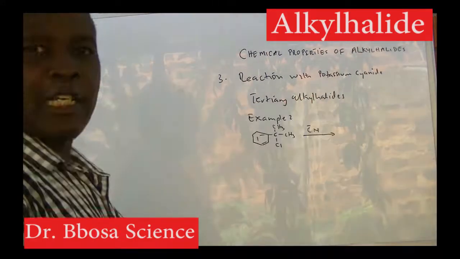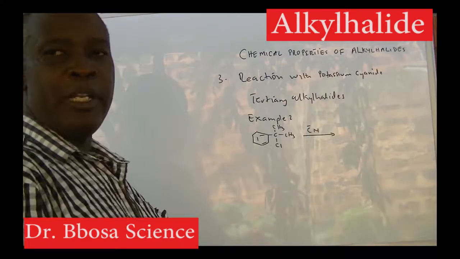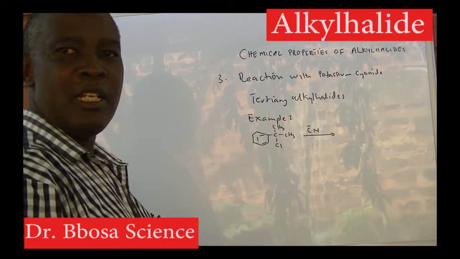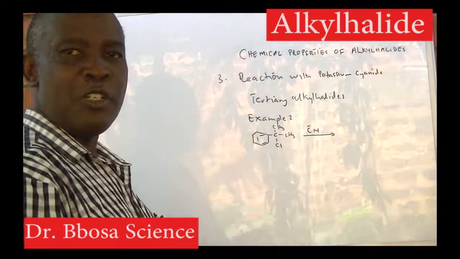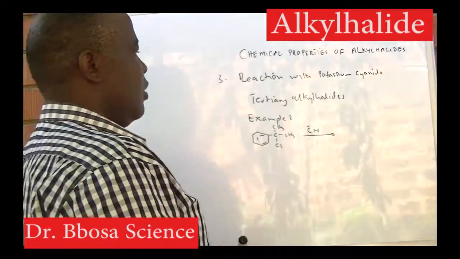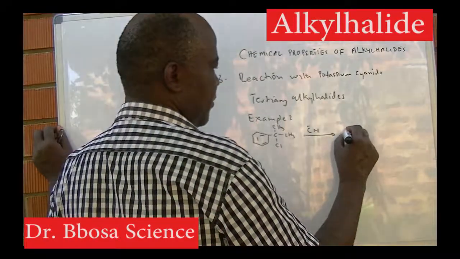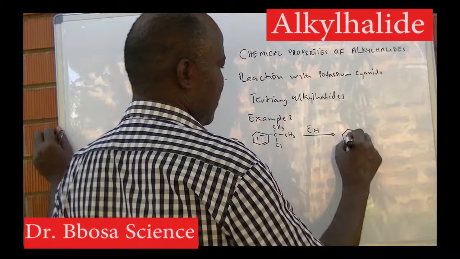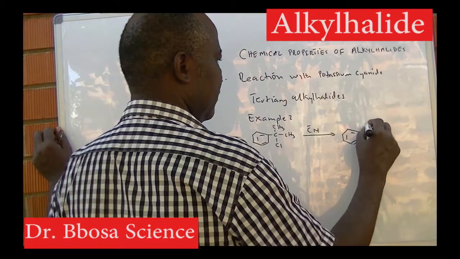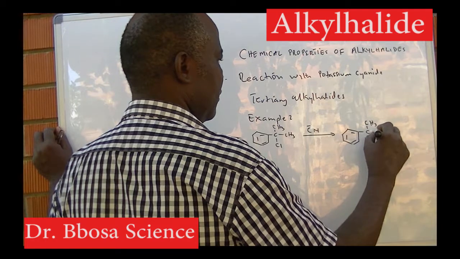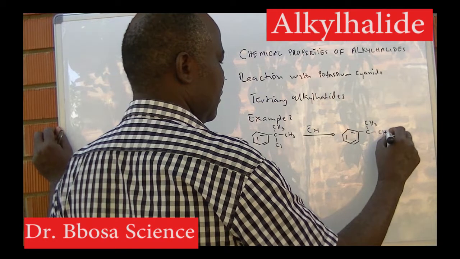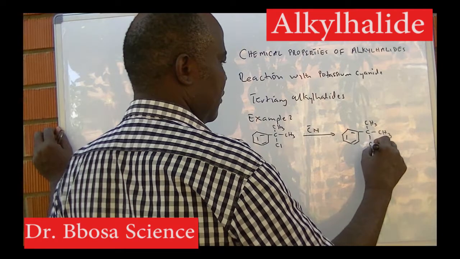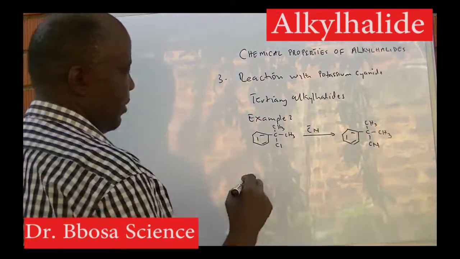Example 2, complete and write a mechanism. You can pause, complete, and then write a mechanism before you continue. You should have got this, then the mechanism.